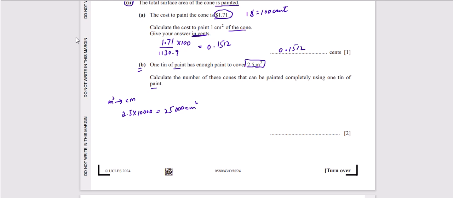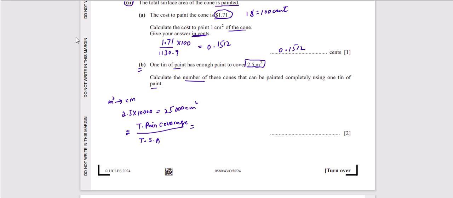So the number of these cones can be calculated. Total paint coverage divided by total surface area.